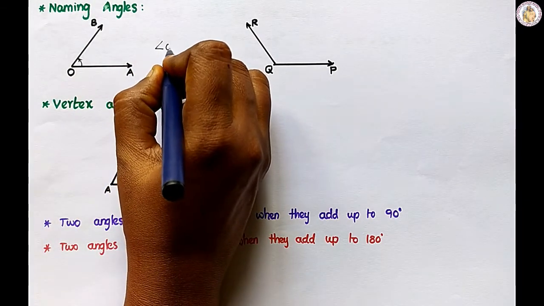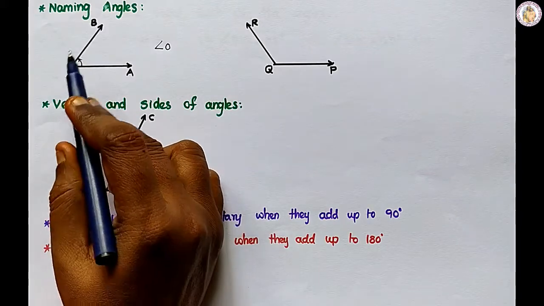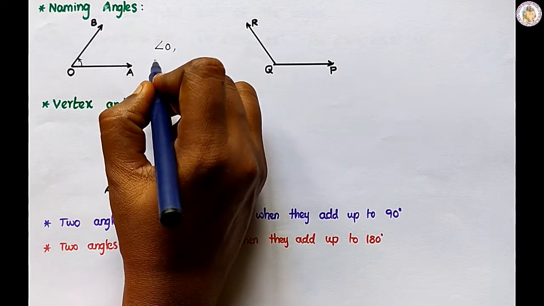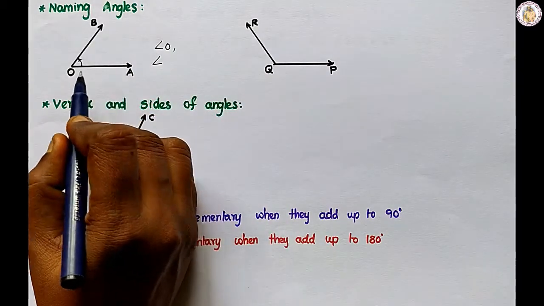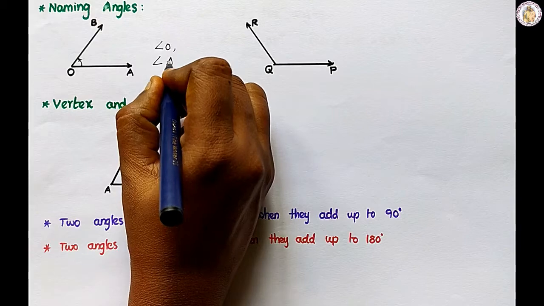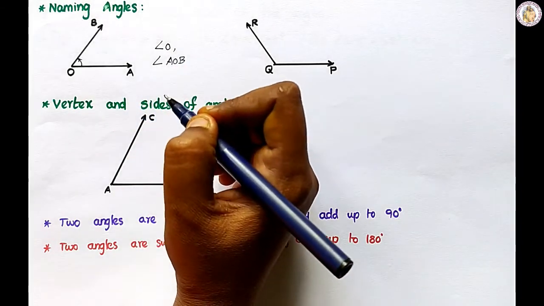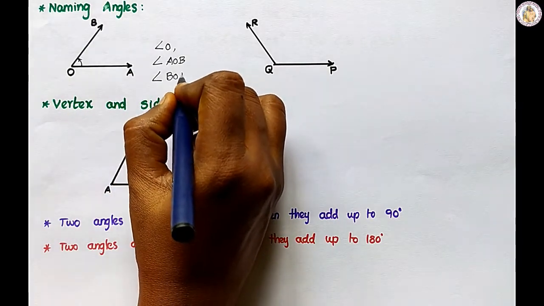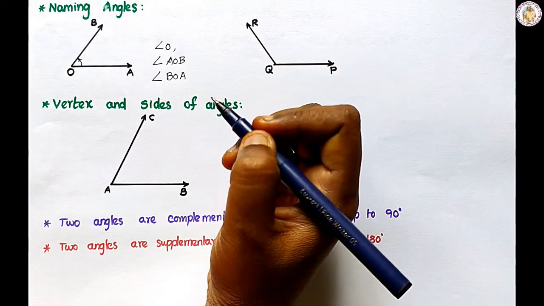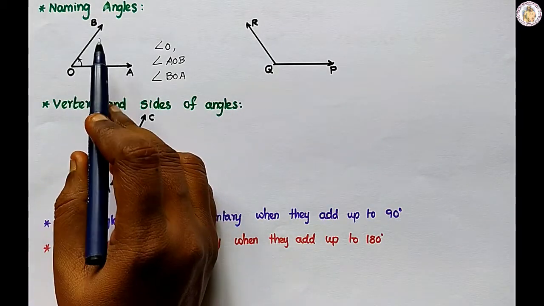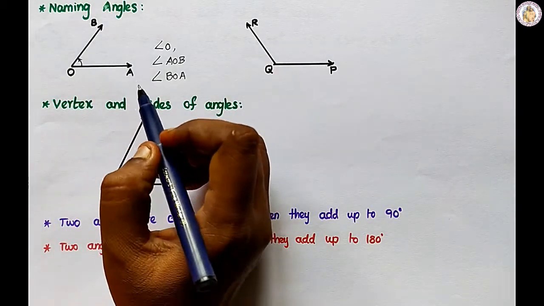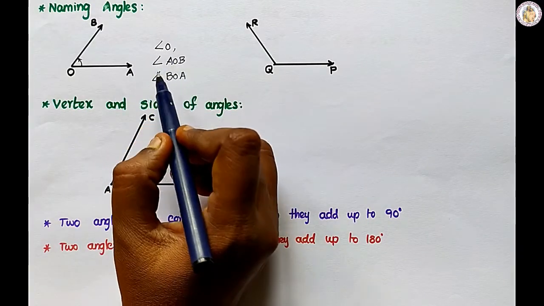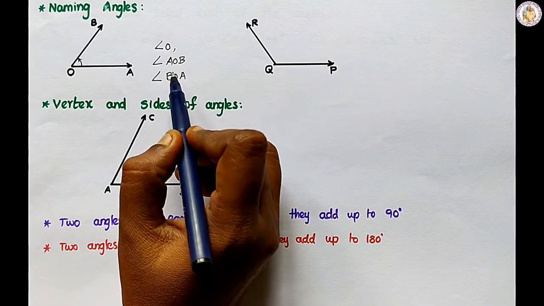So this angle is called angle O, or angle AOB, or angle BOA. So listen here, in any of these ways you can name that angle: angle O, angle AOB, angle BOA.